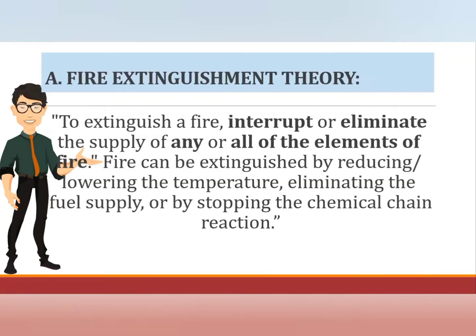Let us talk about the fire extinguishment theory. It says that to extinguish a fire, interrupt or eliminate the supply of any or all of the elements of fire. It says any, even a single element of the fire may extinguish the fire.